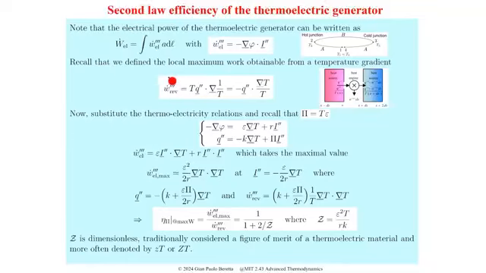If you go back, you find that the maximum work or work rate is given by the heat times the gradient in 1 over T times T. So this is the expression. Therefore, the second law efficiency of your thermoelectric generator, locally at least, is given by the ratio between this and that.